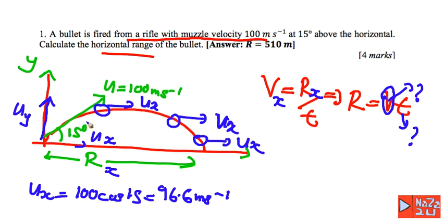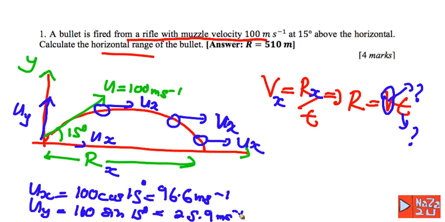For uy, resolve 100 meters per second to the y axis, the same process: uy is equal to 100 sine 15, where this is 15 degrees. So for the y we have 25.9 meters per second. Now, because here is Vx, you can use the value 96.6. So the problem is what is the value of t.